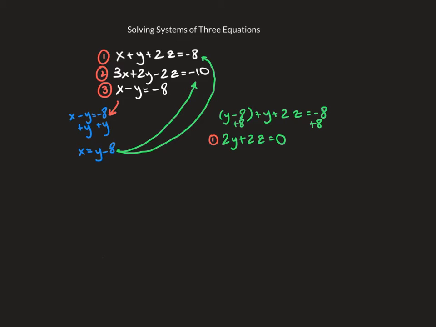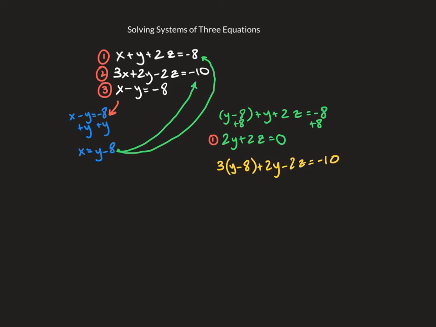Now let's take a look at our second equation. I'm going to choose a different color. So 3 times x, so x is y minus 8, plus 2y minus 2z equals negative 10.